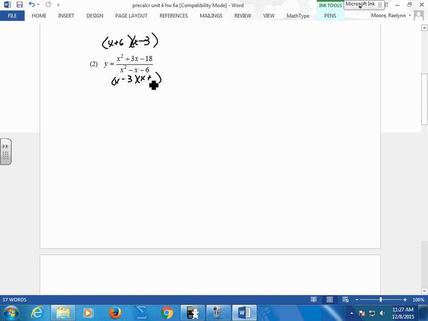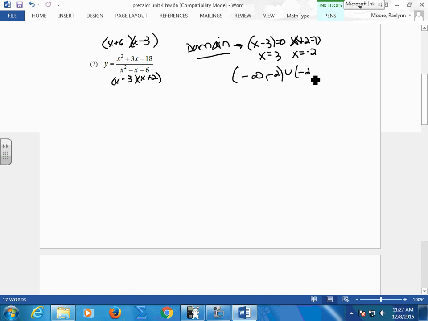Good. Okay, so let's hit our domain restriction first. First thing, before you factor, I mean, before you eliminate anything, domain restriction. So I look at my domain. I have 2 factors down here that I can't use if they're 0. So when x is 3 and when x is negative 2. So I'm going to jump over the negative 2, keep going till I hit the 3, jump over the 3.